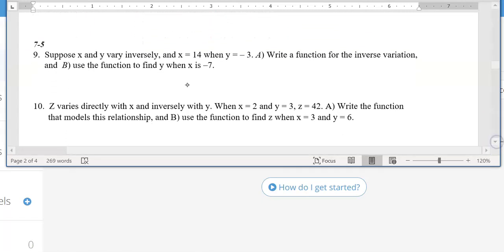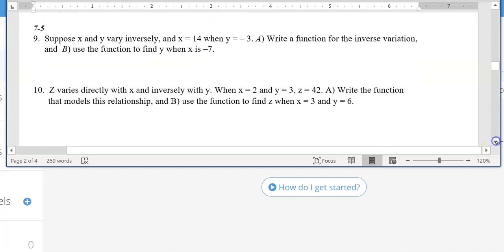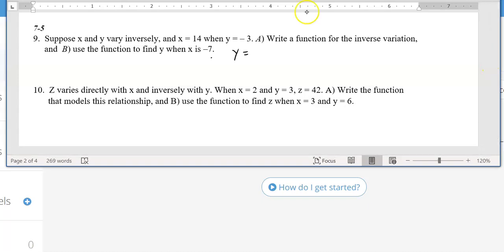Okay, now we're in lesson 7.5. This is inverse variation. So the problem says, suppose x and y vary inversely. X is 14 when y is 3. Well, first of all, inverse variation looks like this in general. We have these two quantities, x and y.